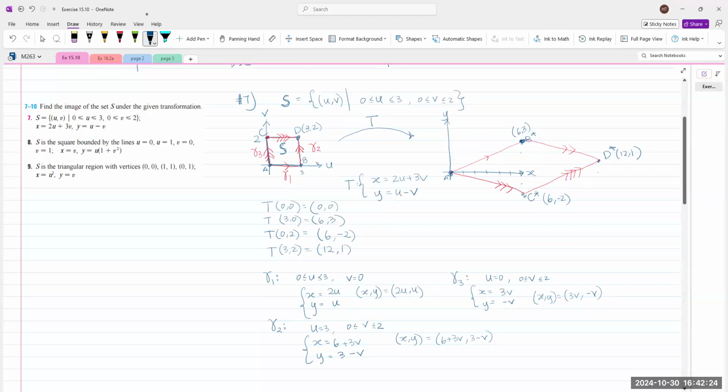Okay, and you can also see gamma 4, for example. Gamma 4 is when v equals 2, but u from 0 to 3. So x is 6 plus 2u. The y will be u minus 3.